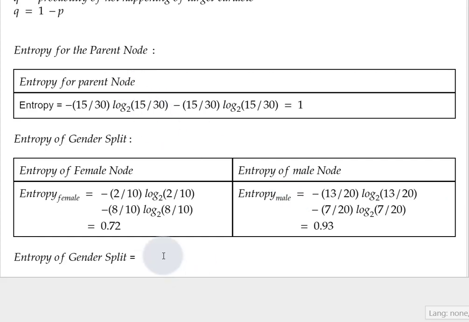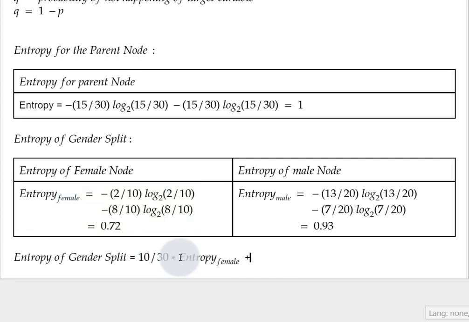So the entropy value of the gender split will be, there are 10 female students among 30, I'll just go to math mode, so 10 over 30 into the entropy value of the female node, plus there are 20 students who are male among all 30 students, right?